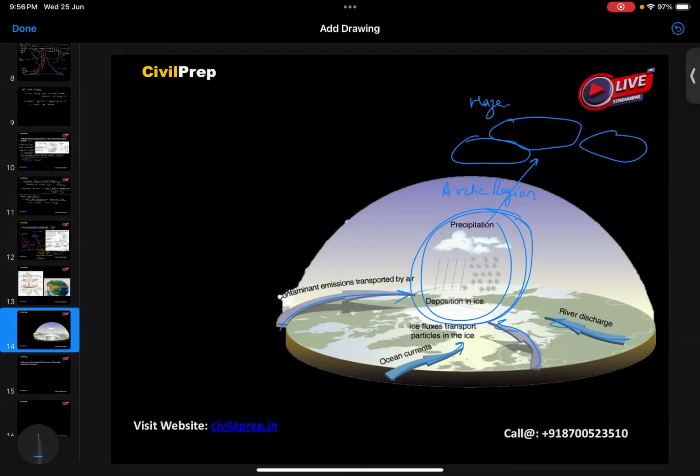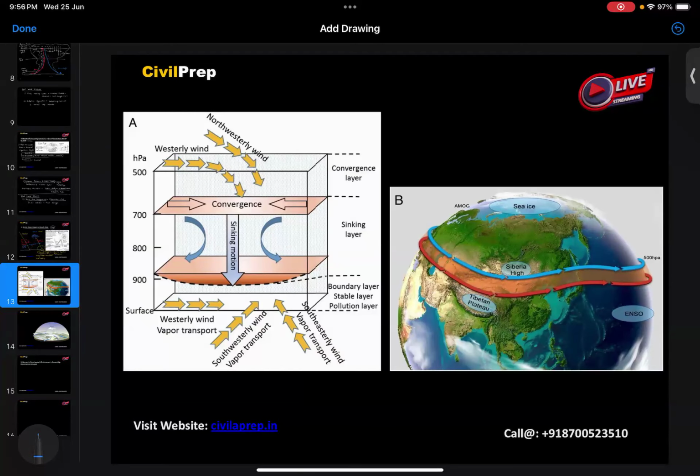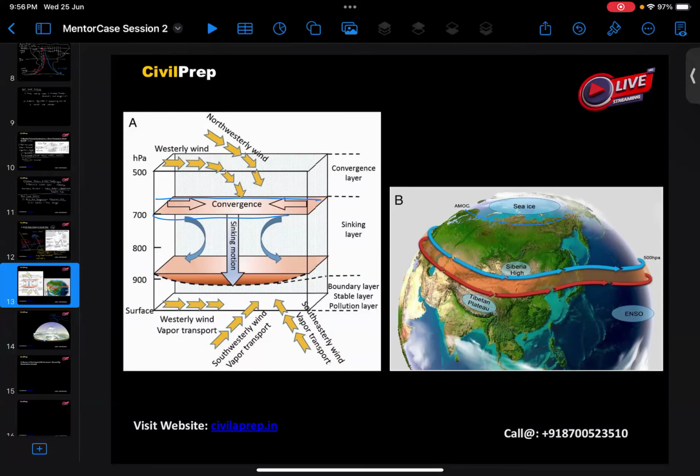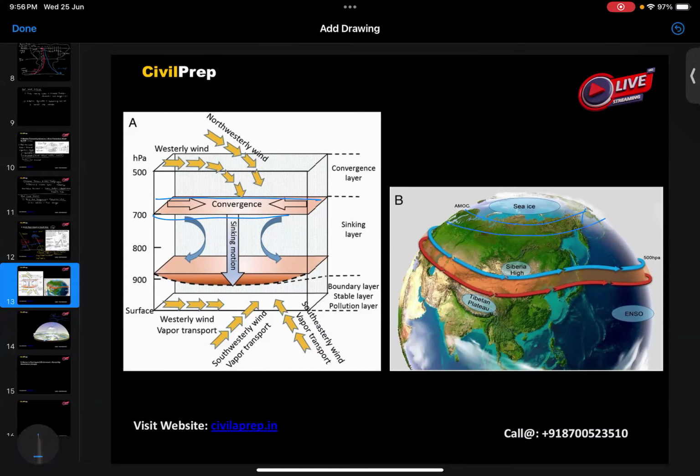Now, what happens next? These haze are moving over the regions. Here we can see that there is the presence of jet streams. This is a subtropical jet stream, and this is another, the polar jet stream. And this is the subtropical westerly jet stream. So what will happen here? There is convergence taking place in the upper air atmosphere, and there is sinking motion because there is formation of a high pressure system.